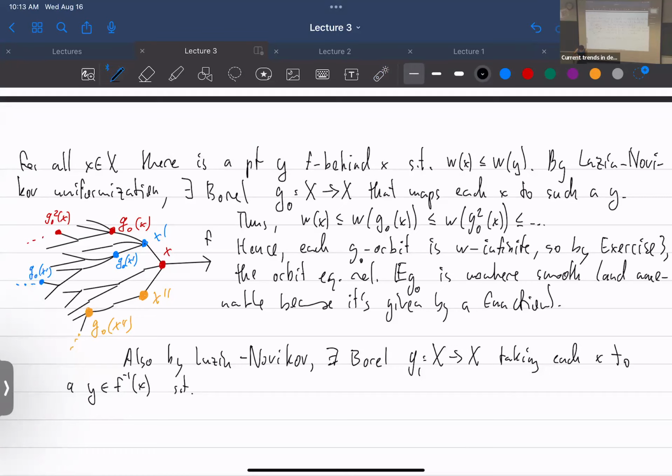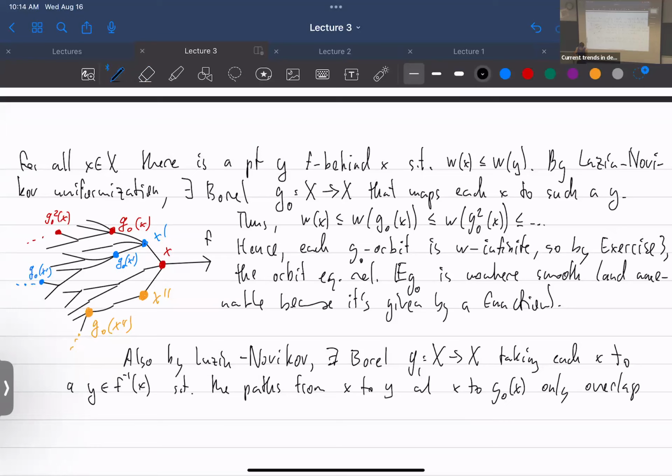I express this by saying that the paths from x to y and from x to G0 of x only overlap at x.